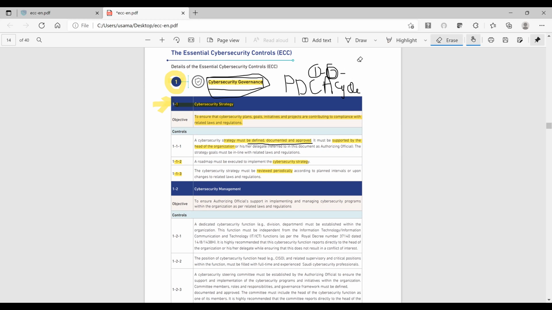Do you know what it means? PDCA cycle? Anyone? Yeah, plan, do, check. Yes, plan, do, check, and act. This is what we call continuous improvement.